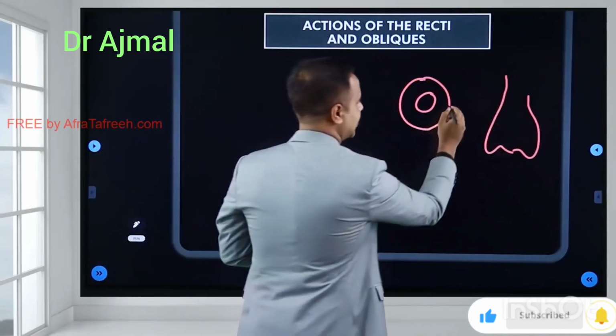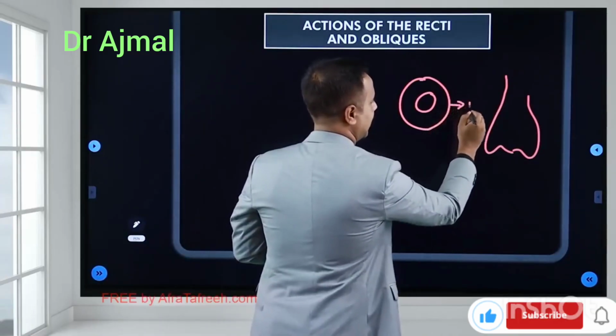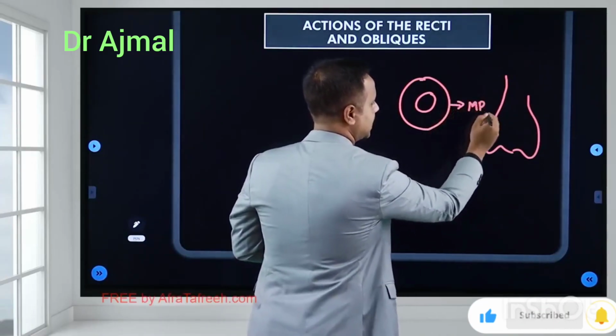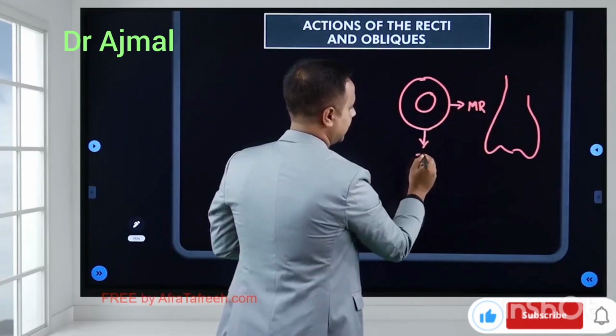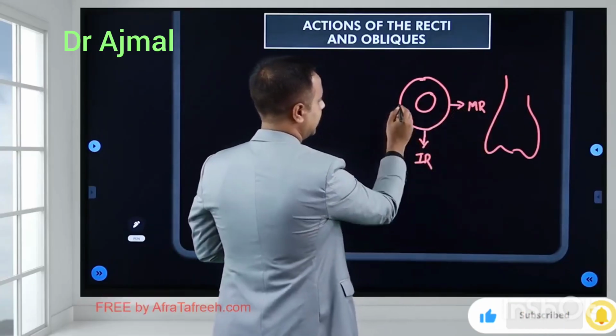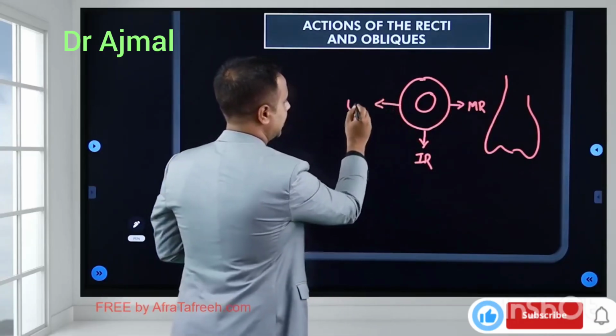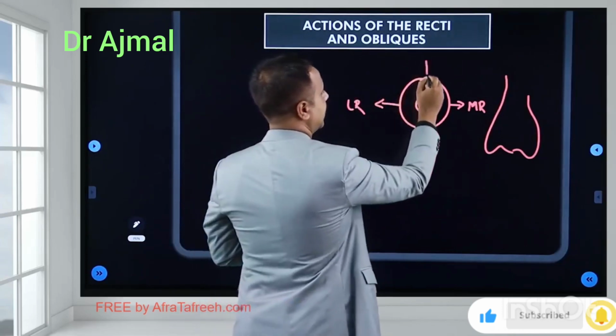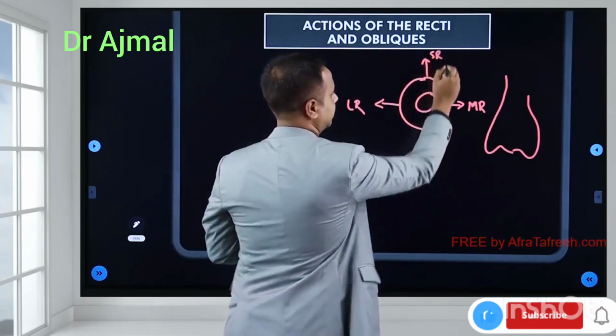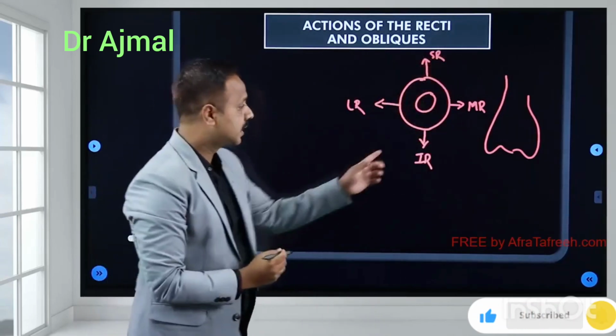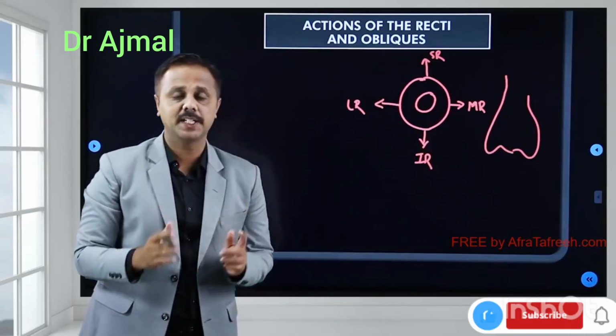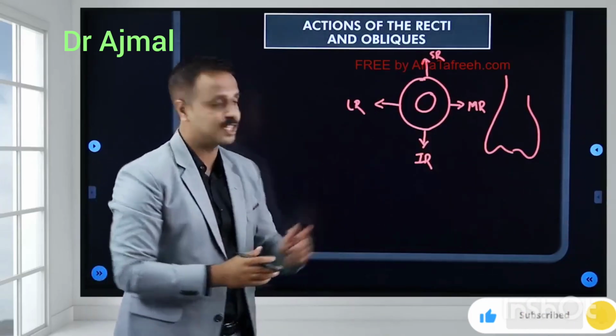So let's see the actions. First, we'll write the muscles: medial rectus, then inferior rectus, then lateral rectus, and we'll write superior rectus. The direction of the arrows are actually telling about the actions of all these muscles.